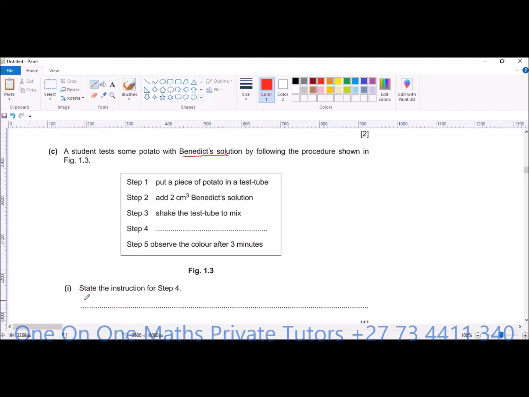With step 4, you must heat the mixture over a water bath.